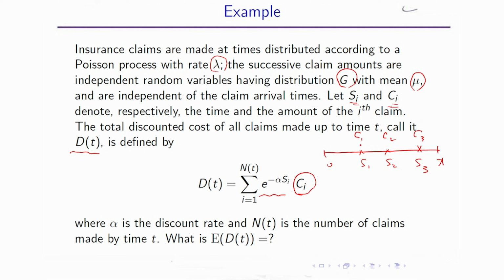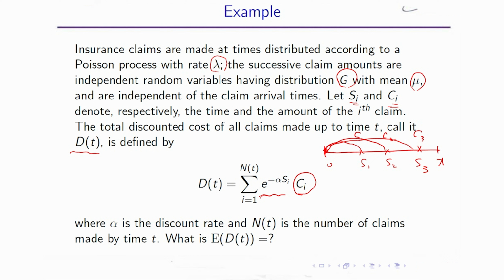So for every insurance claim, we want to discount it back to time zero. So you multiply Ci by e to the minus alpha Si, because every claim is discounted back to time zero.